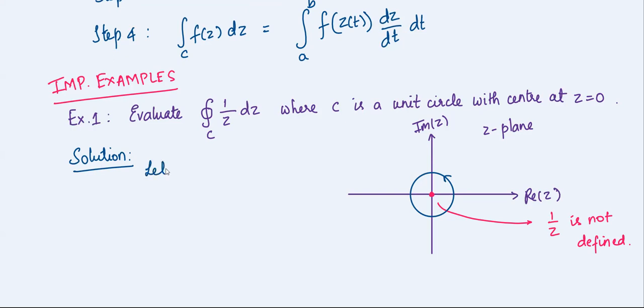So let C be z of t equal to e power it. This is the path because modulus of this is 1, and if t takes values from 0 to 2 pi, or minus pi to pi, okay, 0 to 2 pi, then it completes the loop.